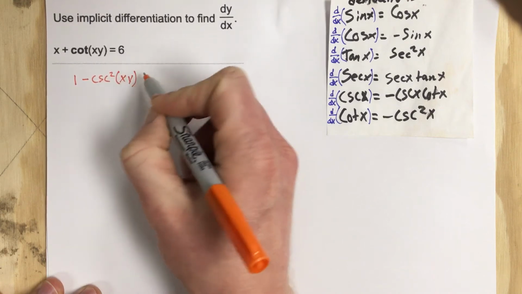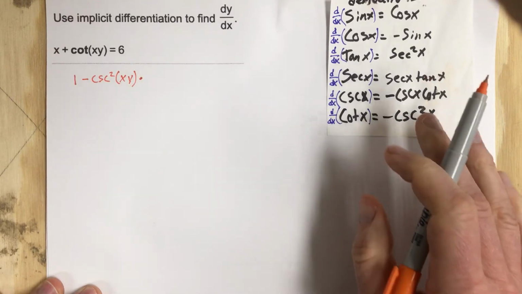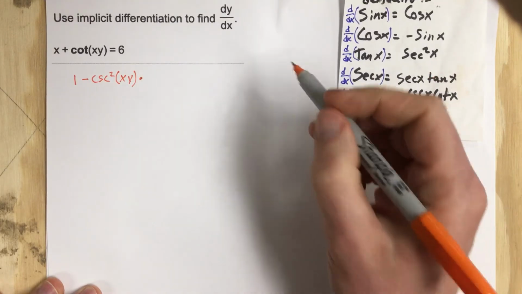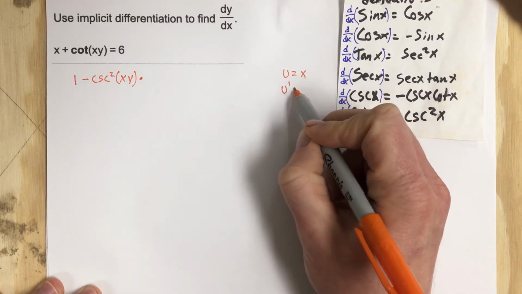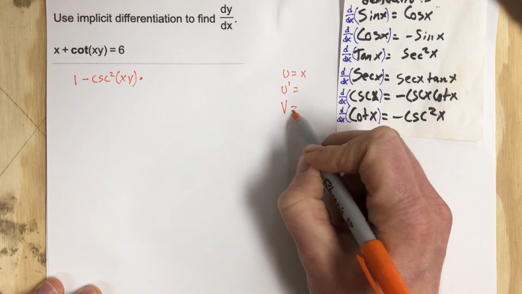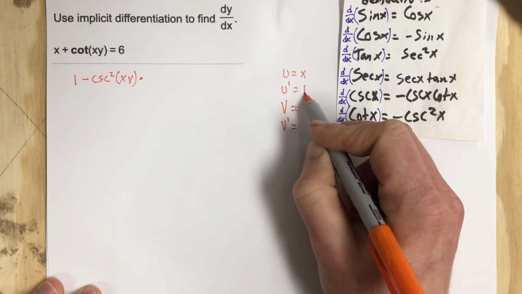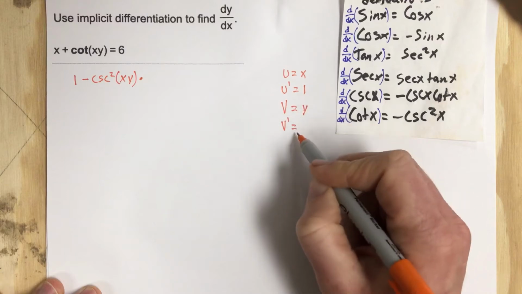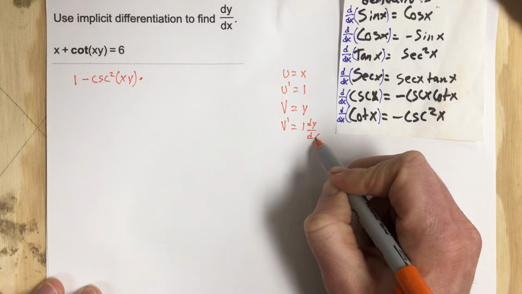xy. And then we're going to take it times the derivative of the inside. So I need to do the product rule for the derivative of the inside. So I'm going to say u equals x, u prime, v, v prime. So u is x, so u prime is 1, v is y, so v prime is going to be 1 dy over dx.